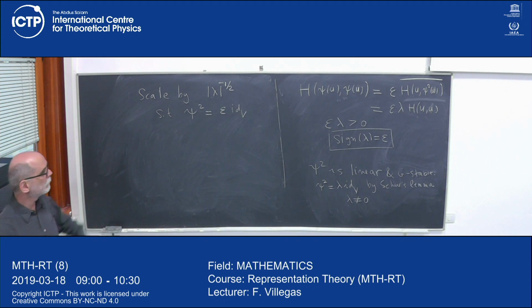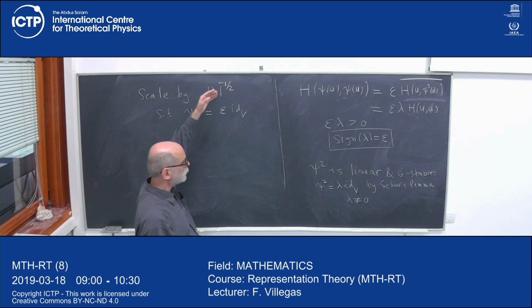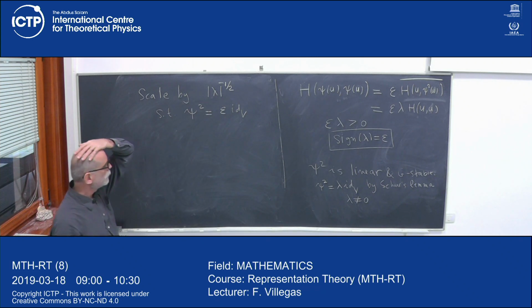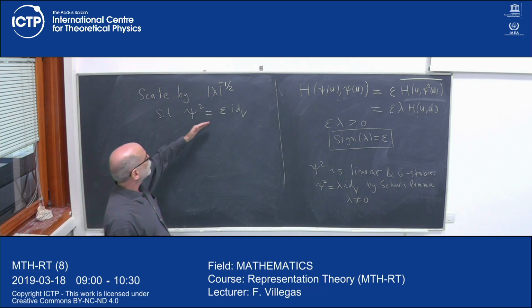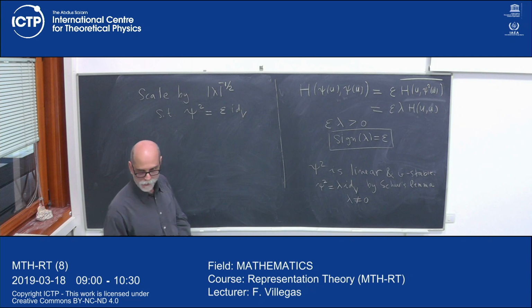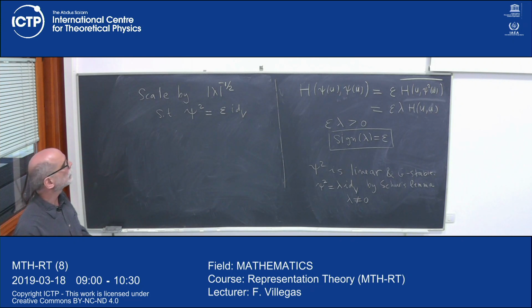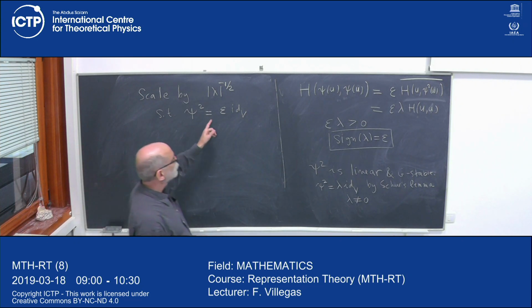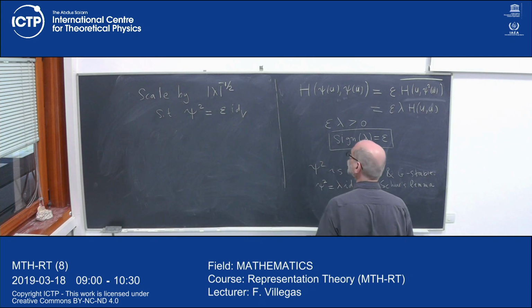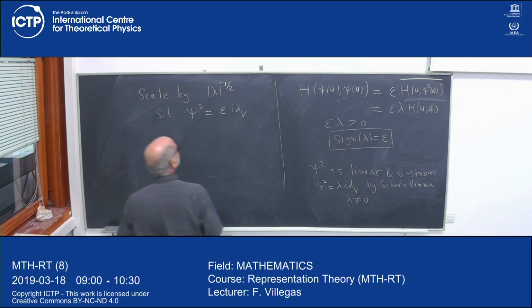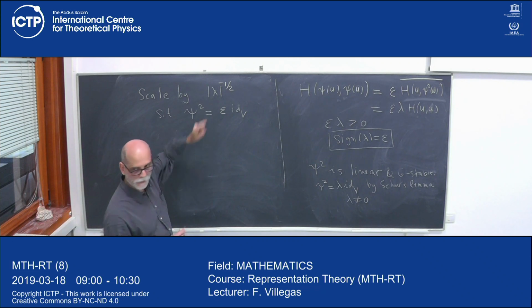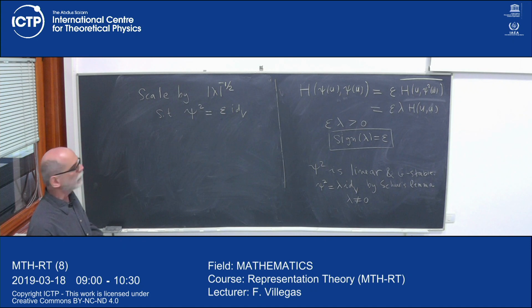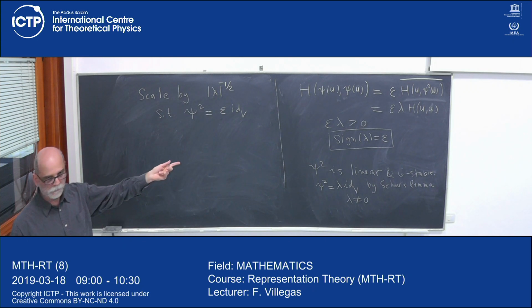Yeah, I can divide my psi by this quantity, which is a positive real number. Nothing of what we did will change. And now I can go back and say that my psi has the square equal to epsilon. It used to be lambda, but now I scaled it by the absolute value, and so what remains is the sign, but the sign is epsilon.